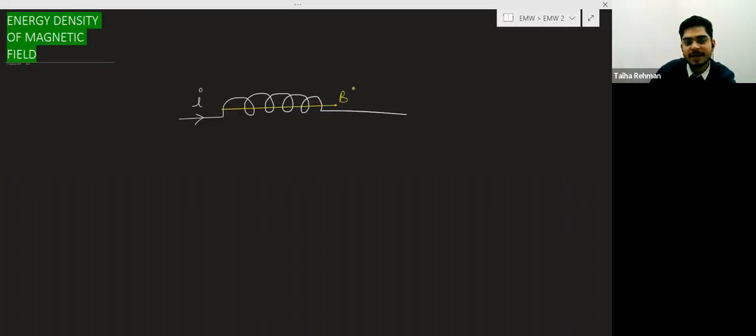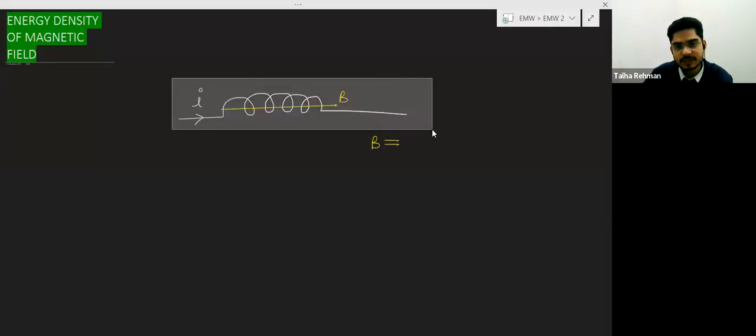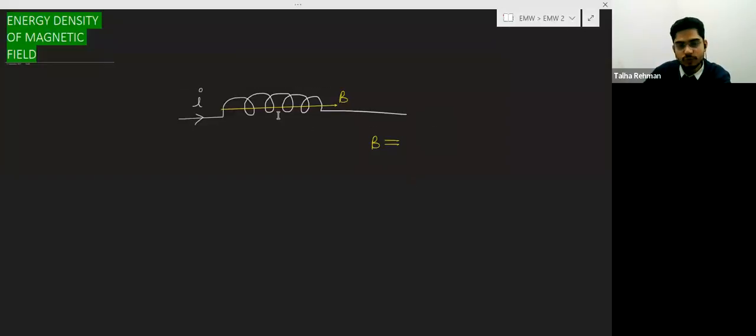This is basically a solenoid. The magnetic field inside the solenoid is given by mu naught n I, where I is the current in the solenoid, mu naught is the permeability of free space, and n is the number of turns per unit length of the solenoid. And suppose L is the length of the solenoid.